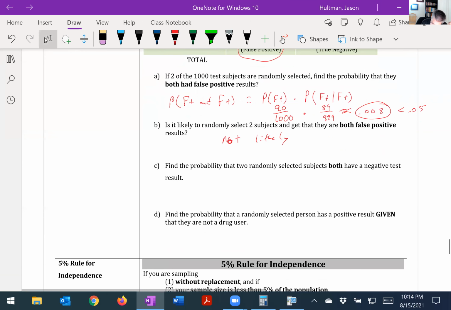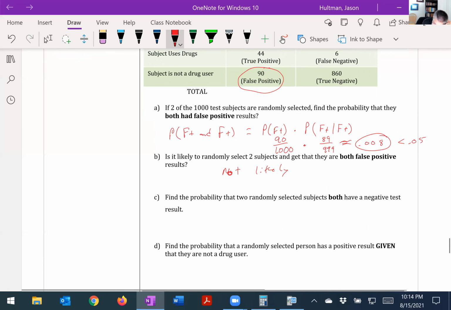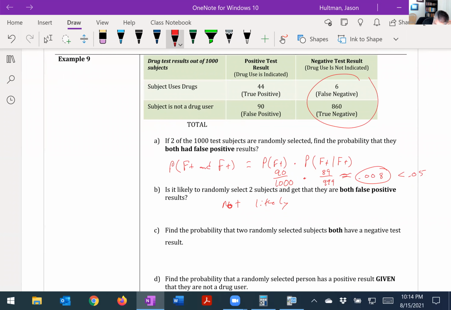Find the probability that two randomly selected subjects both have a negative test result. So we have these guys who are negatives. How many people are negative? For the first negative, I would have 866 people out of 1,000. The second negative would be 865 out of 999, because once we know somebody's negative, we just pull them out of the pot.